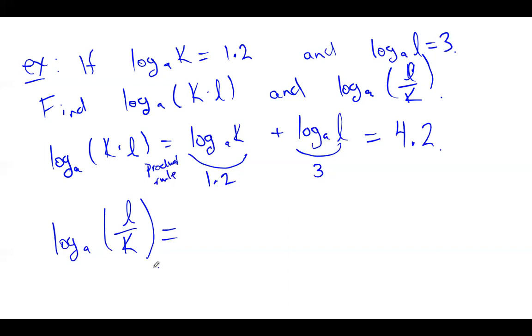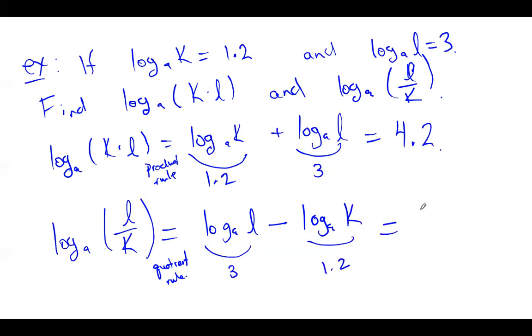This was the quotient rule: log of A over L is log of L minus log of A. So this is 3 minus 1.2, so the answer would just be 1.8. So that's just a review of what we just did.